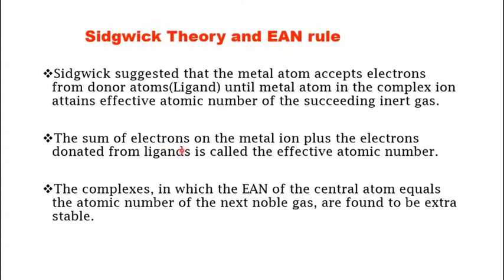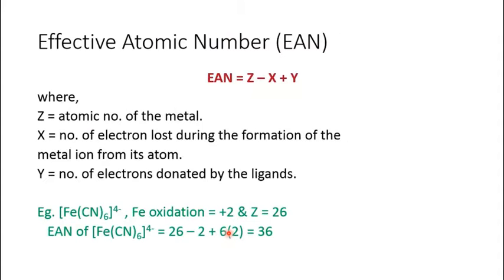So the sum of electrons on the metal ion plus the electrons donated or received from the ligands is called the effective atomic number. The complexes which attain this effective atomic number will gain extra stability.